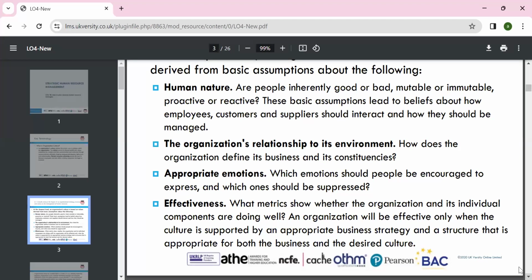If you are hitting the basic benchmark or KPI, we can say it is very effective because it is meeting the basic goals. What metrics show whether the organization, the individual, or the component are doing well, and the organization will be effective only when culture is supported by an appropriate business strategy and a structure that is appropriate for both the business and the desired culture. That's what we can look at.